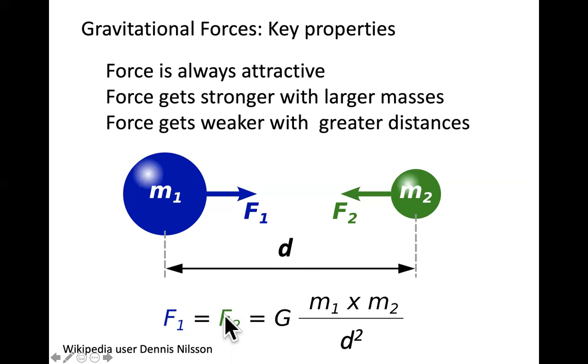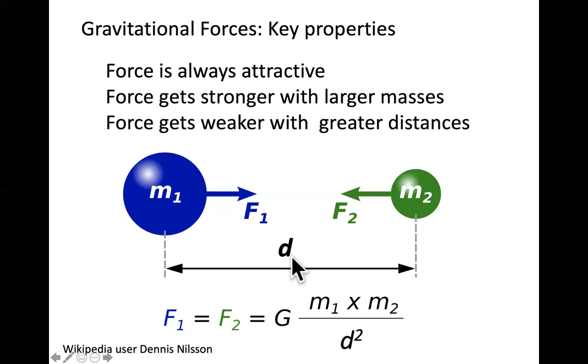In the formula down here, the force is equal to a factor G, which is just a number, times the product of the two masses. So if I make mass 2 bigger, the force gets stronger. If I make mass 1 bigger, the force gets stronger. So more massive objects have stronger gravitational forces associated with them.